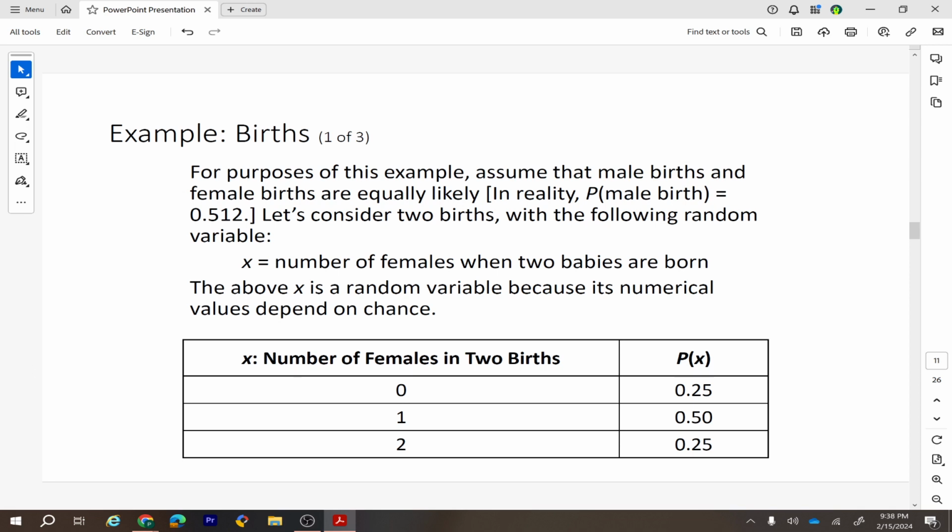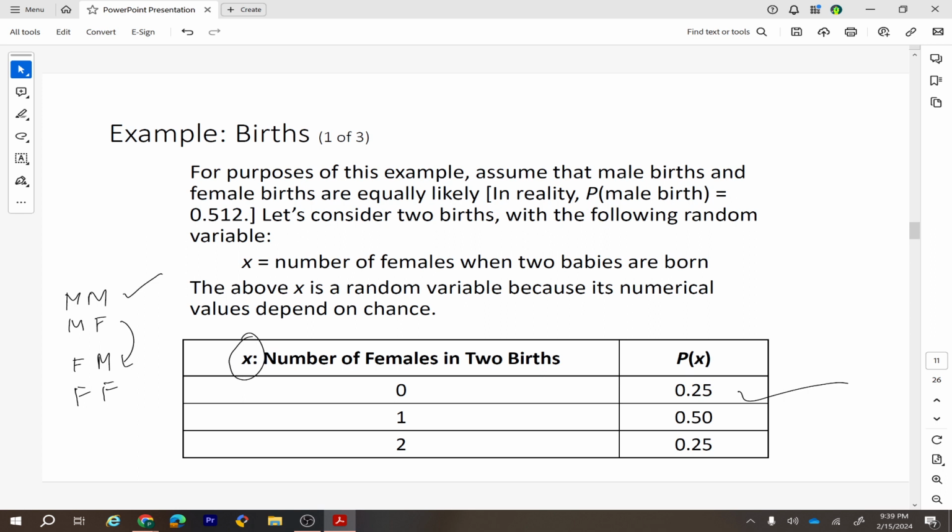Just for one example, let's say in two baby births, let's assume that X represents the number of females in two births. These are the possibilities. Let's say F represents female, M represents male. You could have male, male. You could have male, female. You could have female, male, or you could have female, female. So for 0 females, in this case you don't have any females, so the probability is 0.25.